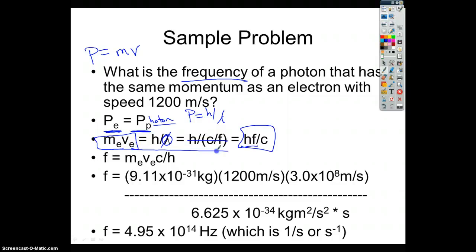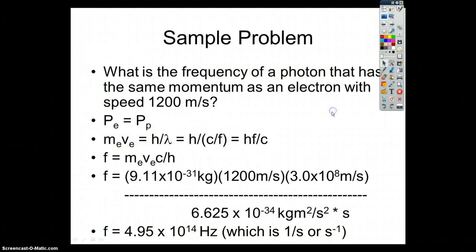If you just combine the two equations, rearrange for f, you end up with the frequency is equal to the mass of the electron times the speed of the electron times the speed of light, all divided by Planck's constant. So all that math is done here, and you end up with a frequency of 4.95 times 10 to the 14th. Remember, a hertz, that's just 1 over a second, or a second to the -1.